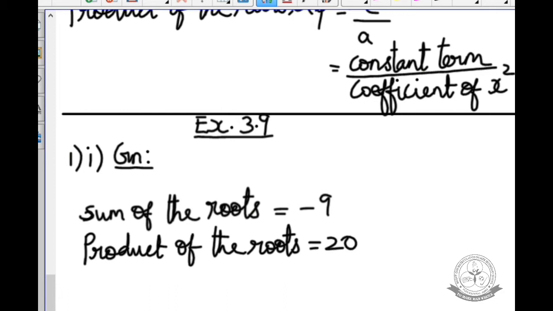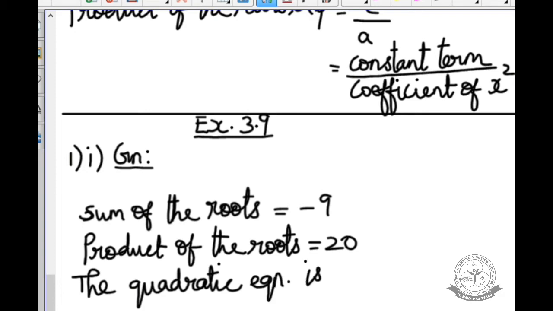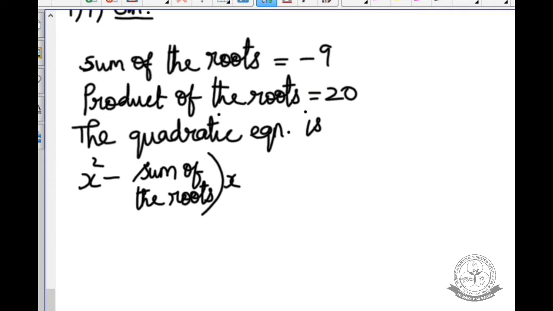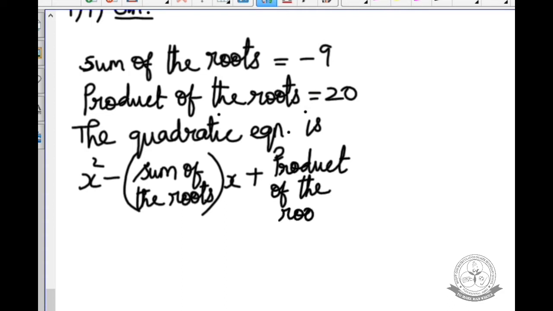So we want to determine the quadratic equation. The quadratic equation is x square minus sum of the roots into x plus product of the roots equal to 0.